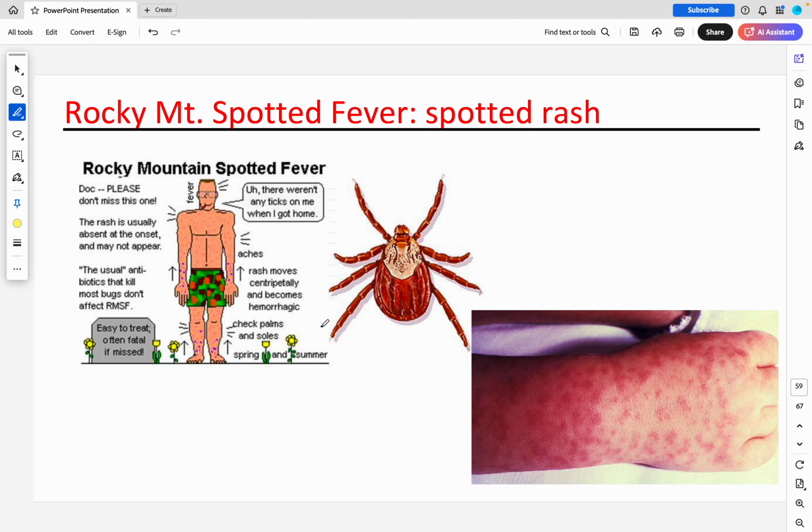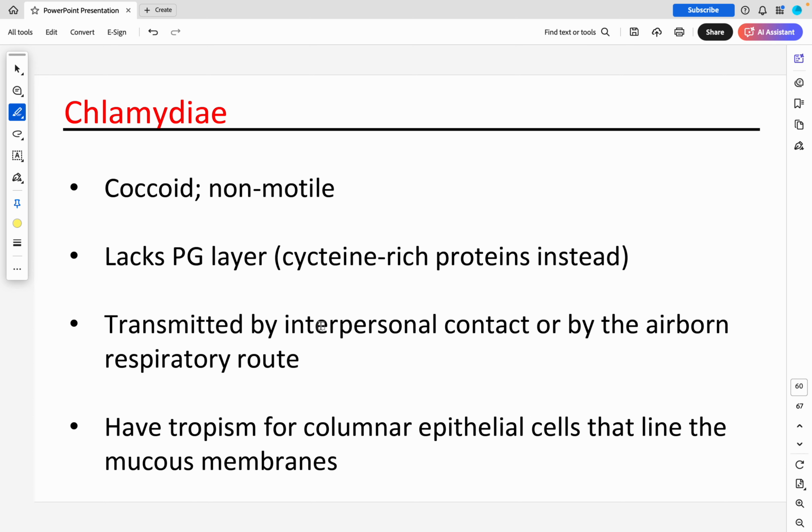The usual antibiotics that kill most bugs do not really affect this kind of infection. The rash moves centripetally and becomes hemorrhagic as the infection gains momentum, as the bacterial pathogen is able to thrive in the body of the host.